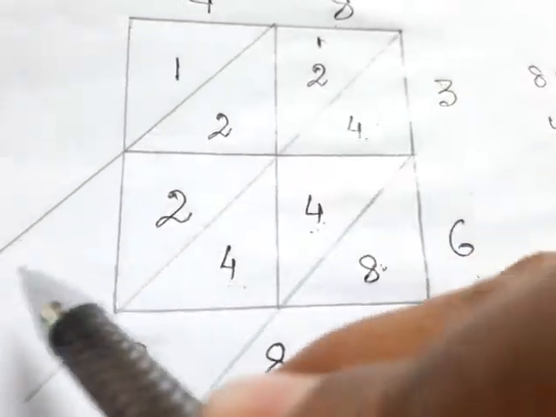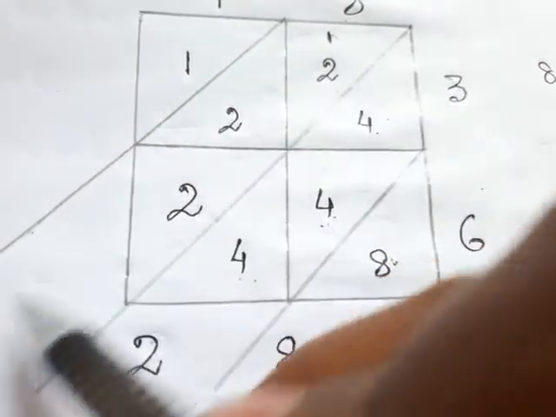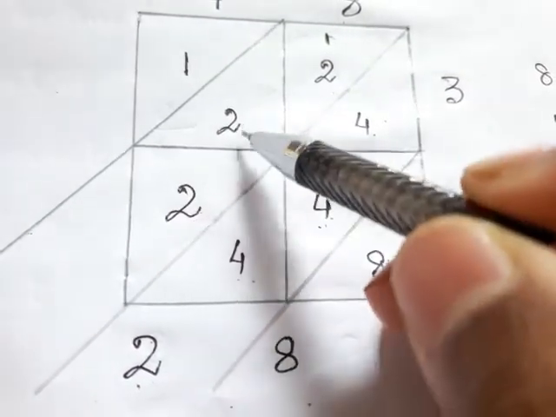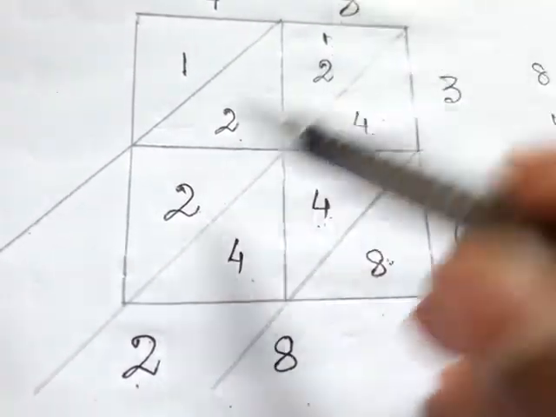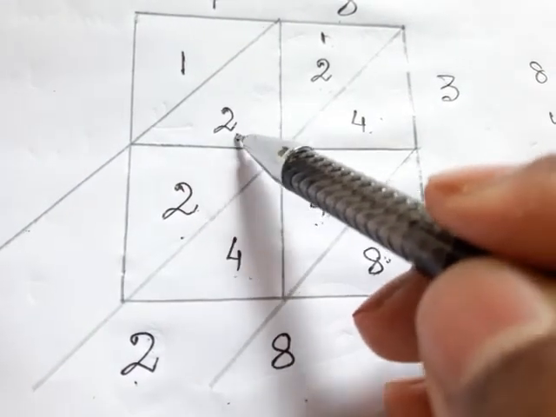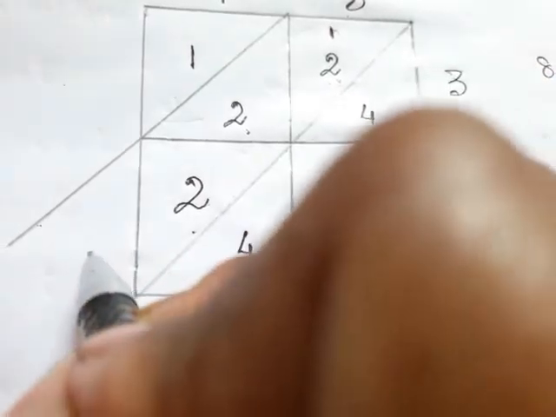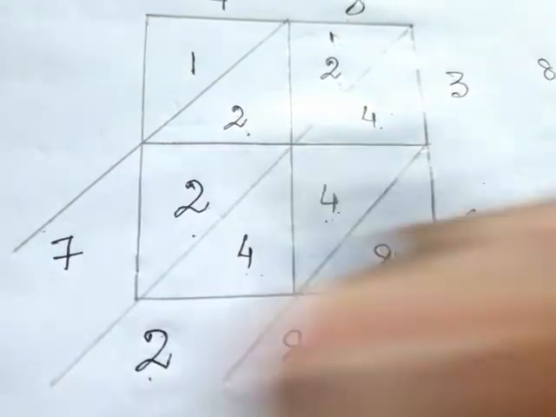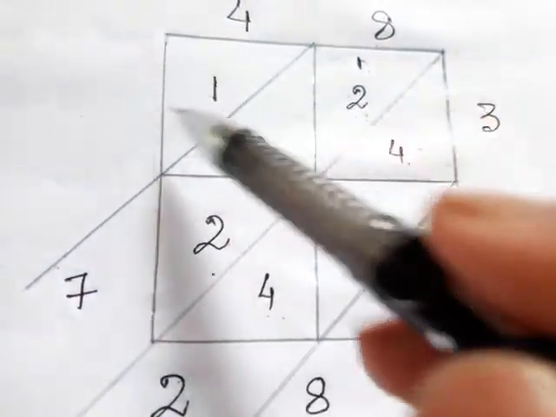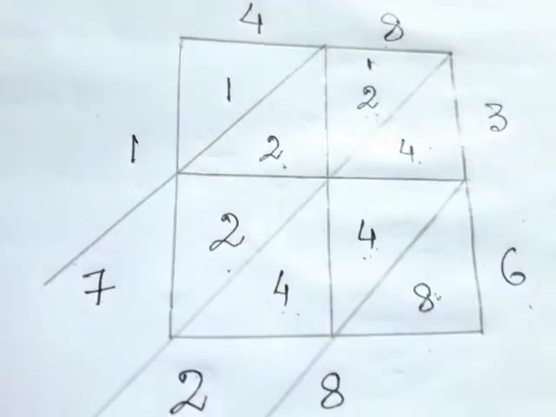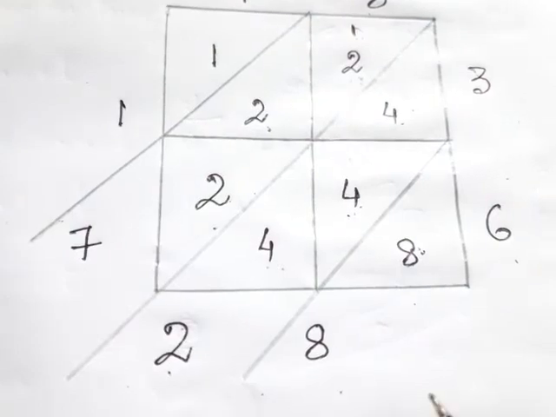Now I'll see the next diagonal. Can you see here? Now I have 2, 2, 2 and 1. So 2 plus 2 is 4, 4 plus 2 is 6, 6 plus 1 is 7. So I'll write 7. Done. And the top one, I have only 1, so I'll write 1 here. So 1728.